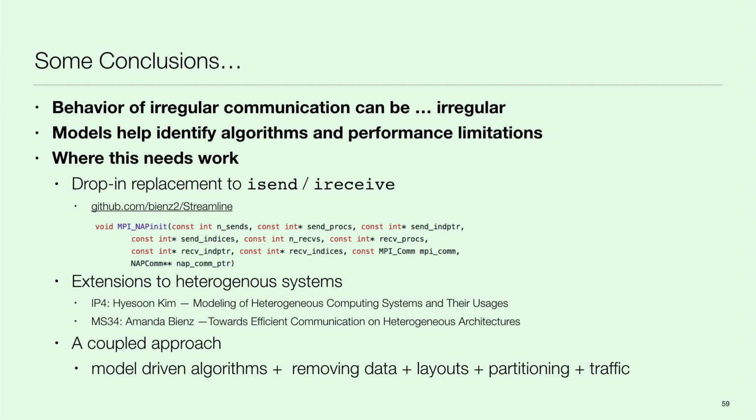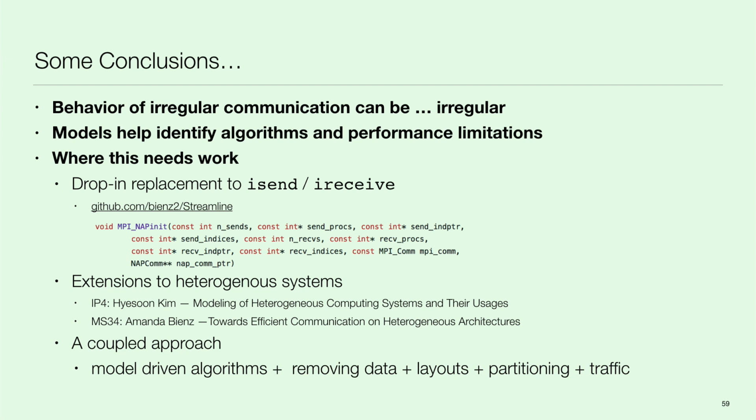We're working on developing an iSend and iReceive drop-in replacement so that we don't have to build a whole new communicator every time that we want to do this for a new problem. We've kind of sketched that out in a package called Streamline. There's some extensions that should be and can be done in heterogeneous systems, and memory hierarchies of different types of compute units.